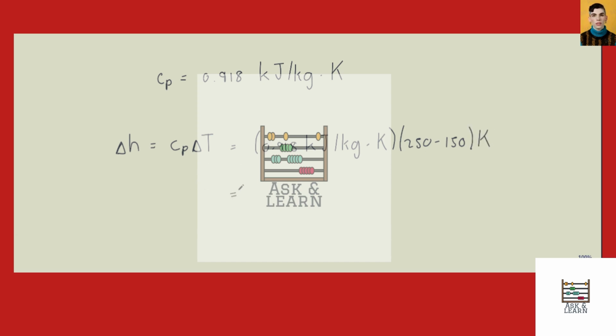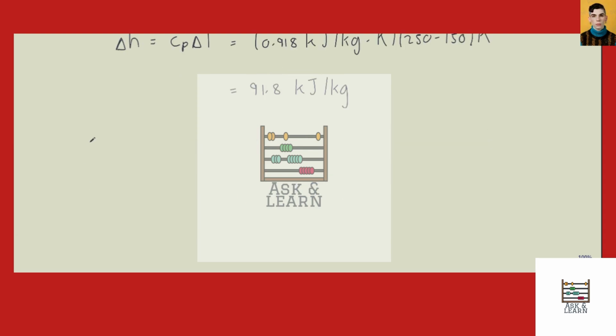And hence we get change in enthalpy of 91.8 kilojoules per kg. Now, if we use the same room temperature specific heat value, the enthalpy change will be the same for the second case.